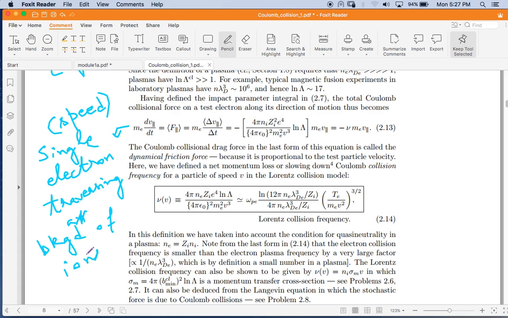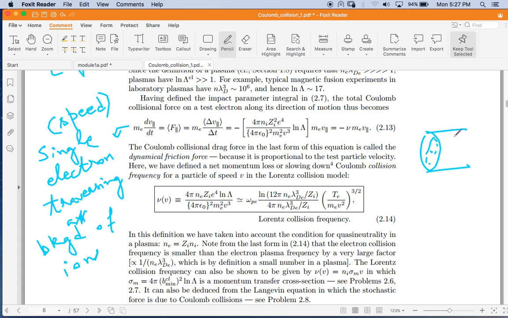Why a background of ions? Remember the whole cylinder thing that we drew, assuming that all the ions were confined within this cylinder, and the radius of this cylinder is the impact parameter.